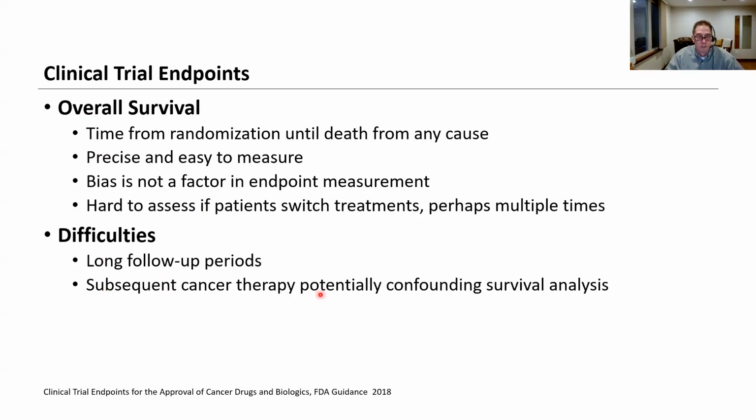Subsequent cancer therapy potentially confounds the survival analysis endpoints. So we like this one because it's very easy to measure, and it is the most important endpoint from a patient perspective. Unfortunately, with long follow-up periods, it can be hard to assess in terms of a treatment effect.